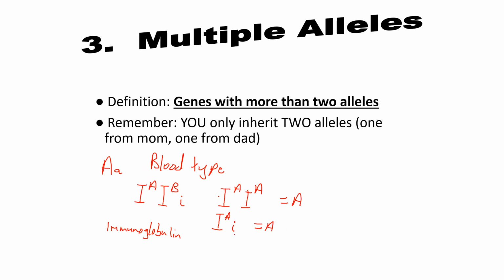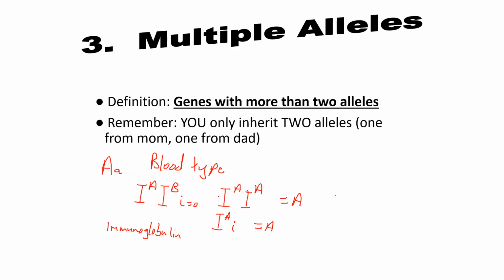Because, as you can see, this is written as a lowercase letter i, which means blood type O. Written as a lowercase letter, it means it's recessive, right? So one dominant gene, one recessive gene, you're still showing the dominant trait.